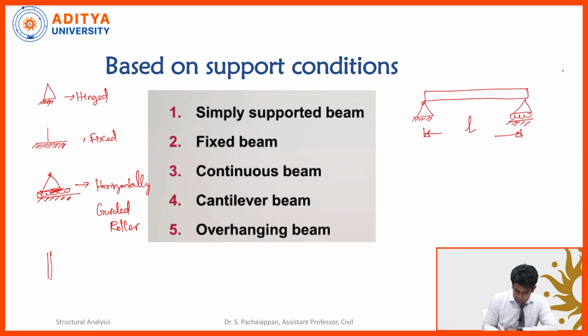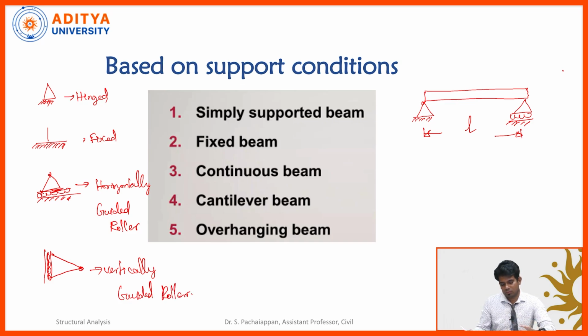This is called a vertically guided roller. So, in which direction is the support provided? Horizontally guided roller, and this is a vertically guided roller. So, maximum we are supposed to have only these support conditions.